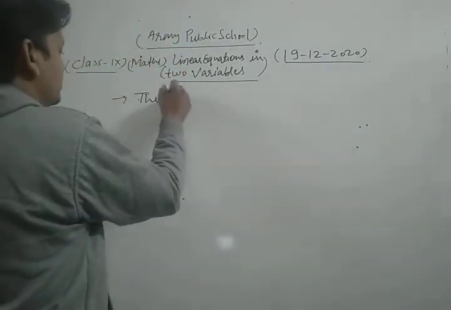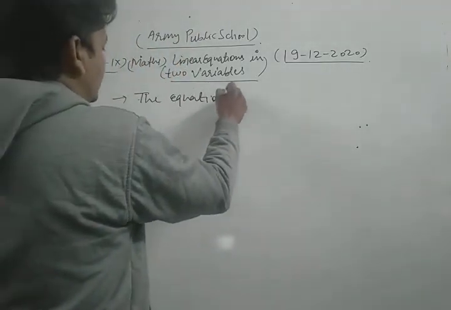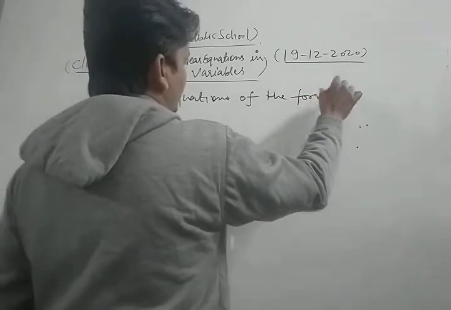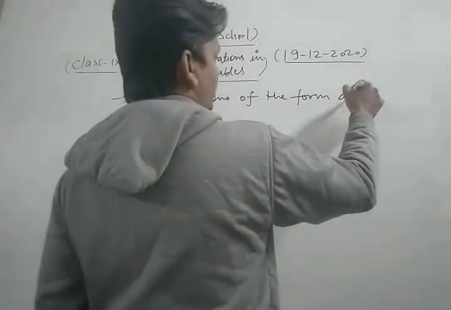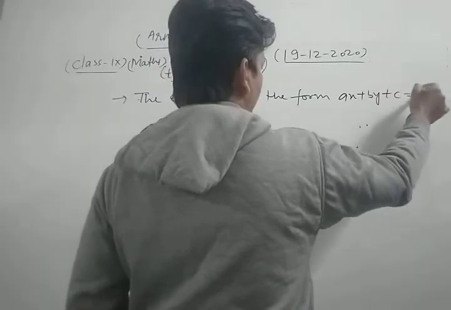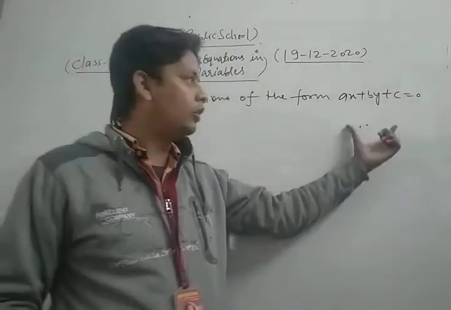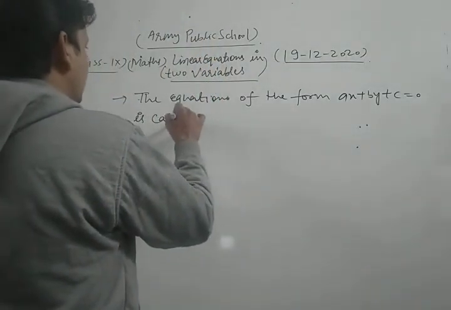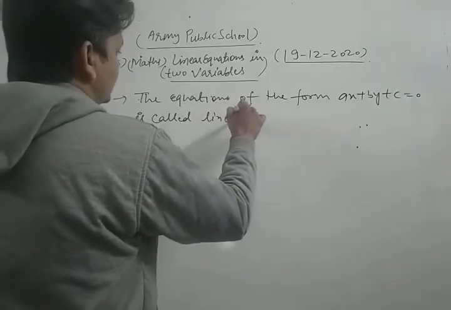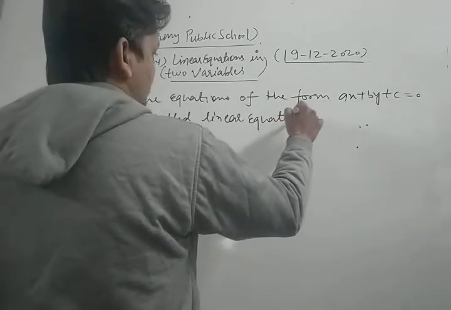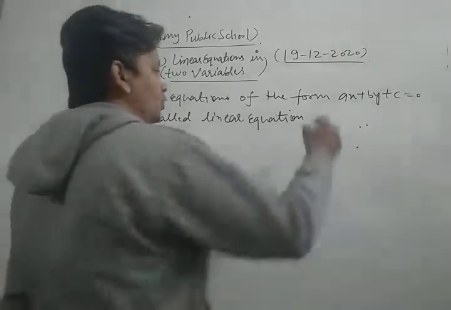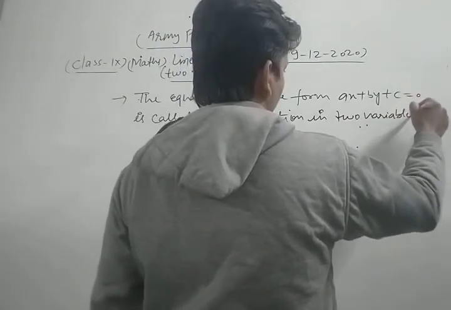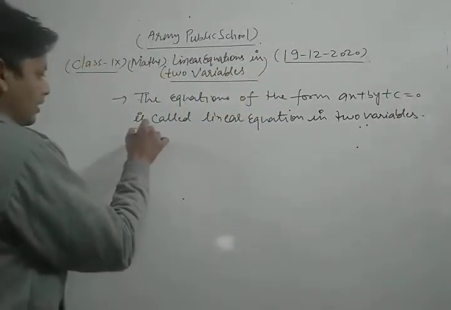The equation of the form ax plus by plus c is equal to 0 is called a linear equation in two variables, x and y.